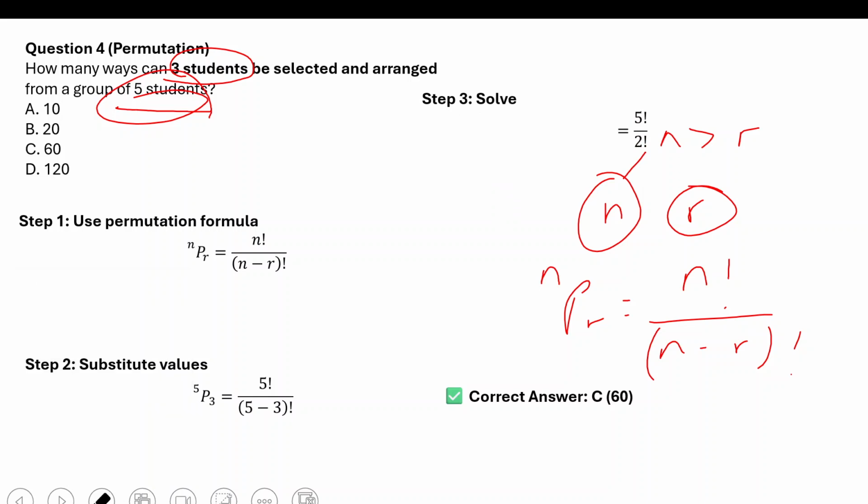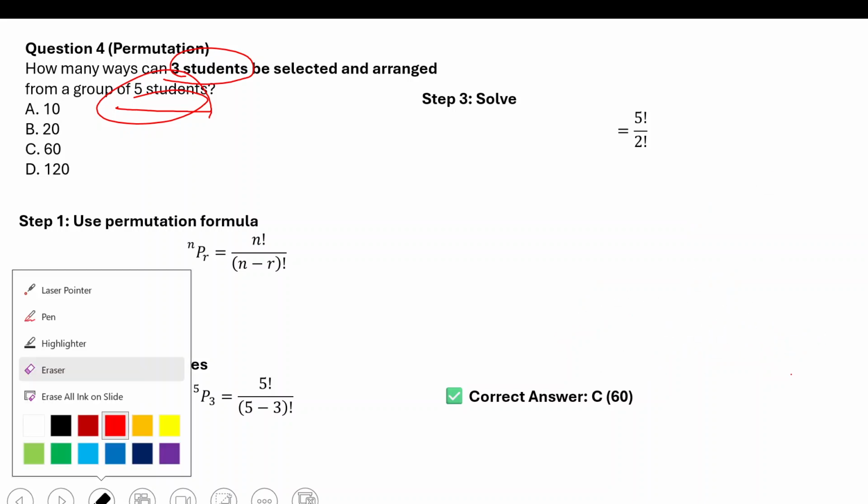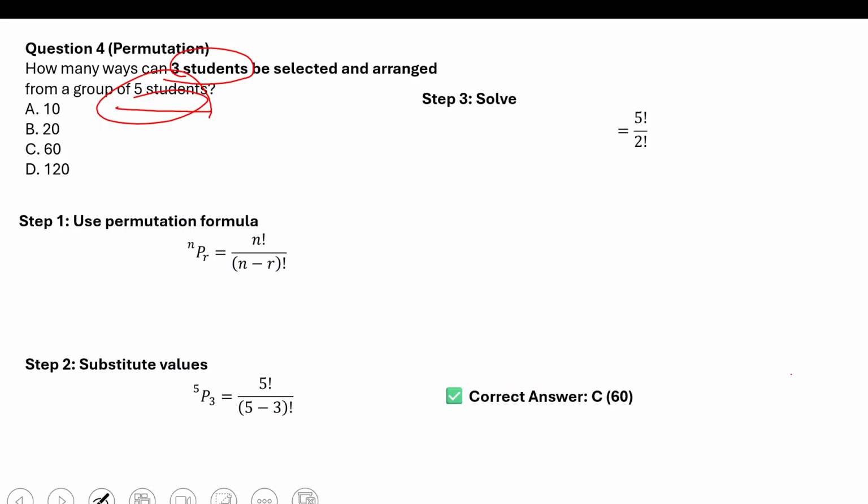Now, how do we express factorial? Factorial is just starting from what you are given and multiplying until you get to 1, just decreasing in descending order. So if I have 5 factorial, for instance, what I'm told to do is to write 5 times 4, multiply by 3, multiply by 2, multiply by 1.